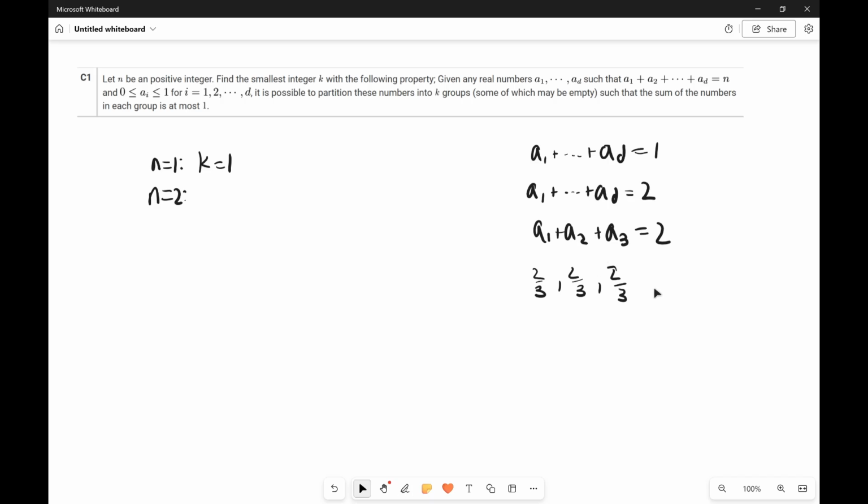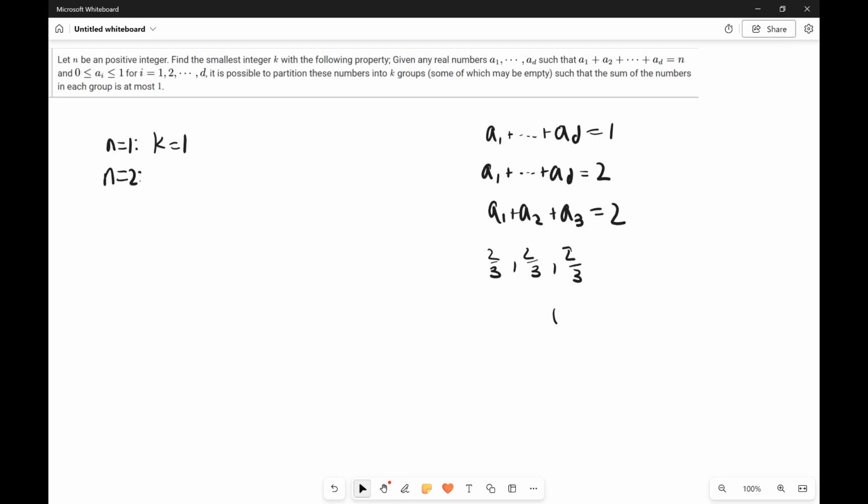And if we try putting them into two groups, two of them must be in the same group. But then the sum is equal to 4/3, which is greater than 1. And that's bad. So therefore, each one must go inside its own group, which means that k is greater than or equal to 3 in this case.